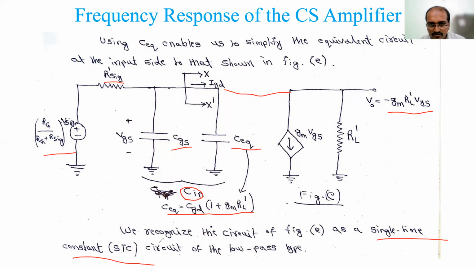It's not required, but you should know what it is. Time constant is normally given as resistance into capacitance. Since we are reducing this circuit into a single resistance and a capacitance, it's called a single time constant circuit, and it is also of the low pass type. I will just explain that and I will come back to this circuit.